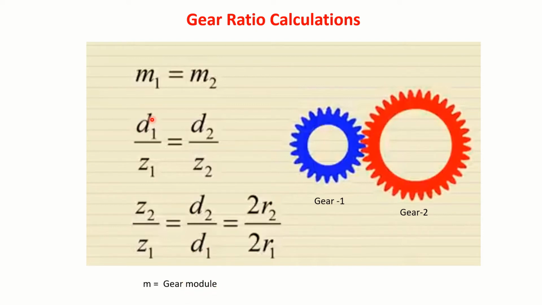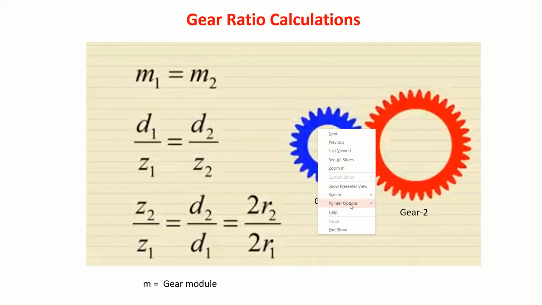Module is defined as the mean diameter of the gear to the number of teeth of the gear. So module 1 is d1 by z1, module 2 is d2 by z2, they must be equal. I can write now z2 by z1 must be equal to d2 by d1, or 2 times the radius r2 and 2 times the radius r1.